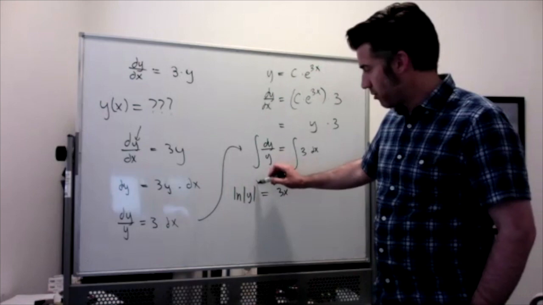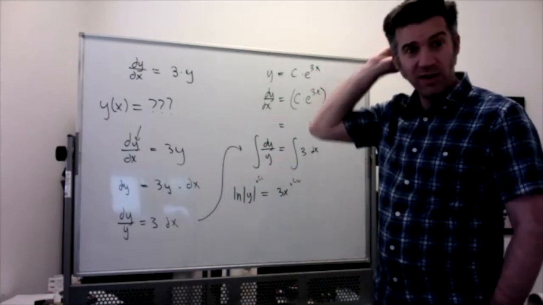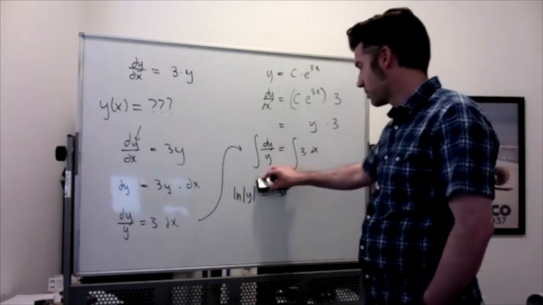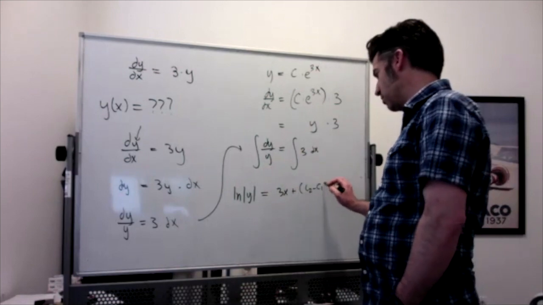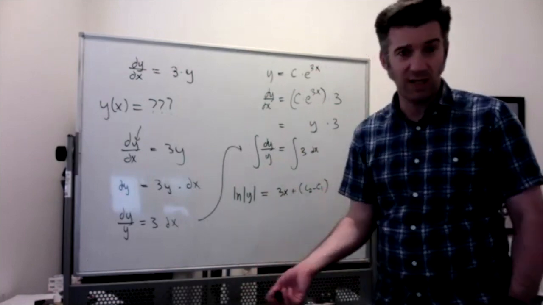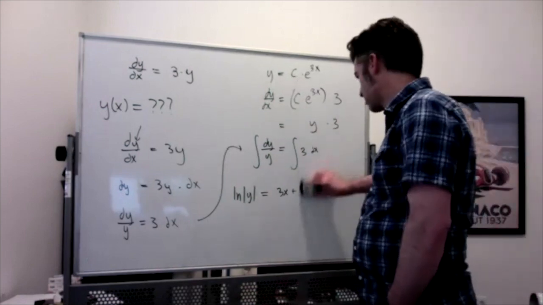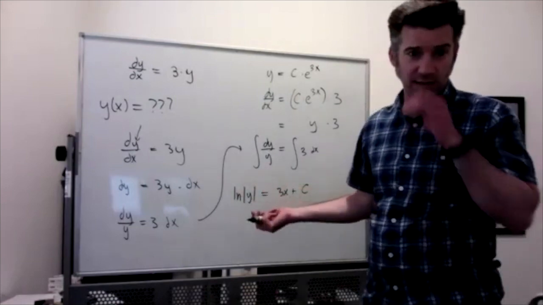We have plus c1 here and plus c2 here. What I'm really going to do is subtract c1 over here and say that I've got plus c2 minus c1, which is really just another constant, which I'm going to call c. Which is why we don't write c's on both sides.